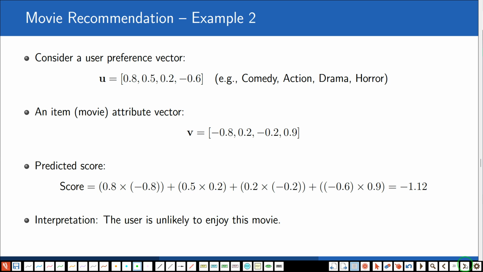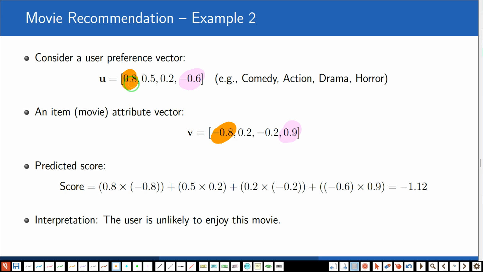Assume the same user, but a different item in the database. This one is not a comedy at all. It has some action. It doesn't have any drama component, and it lacks those components. And also it is a horror movie. Because of that, we have a positive weight here, a negative weight here, and because of the mismatch, you see these two items.